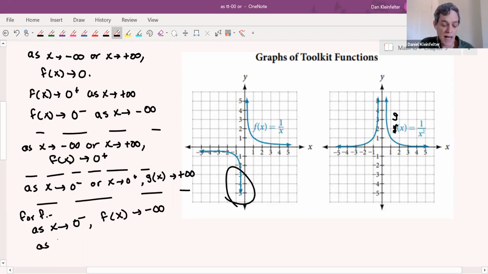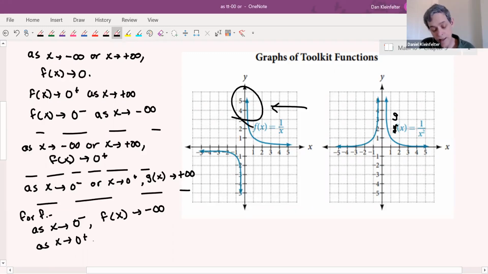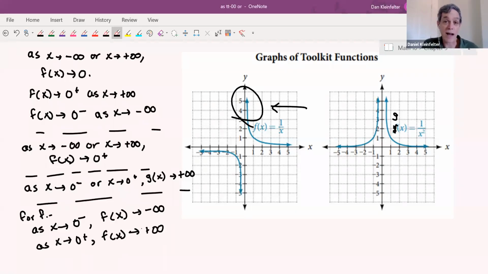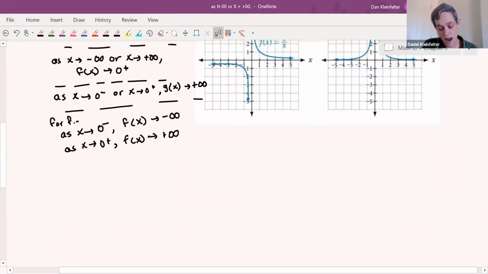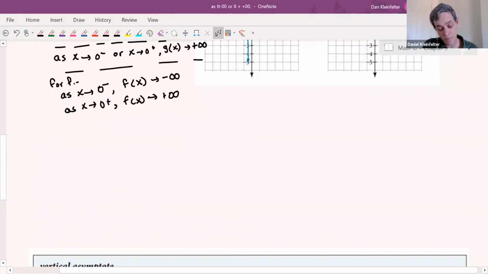Okay, as x is approaching 0 from the plus side, then our f of x's will approach positive infinity. So this arrow notation is useful and is helpful as a way of describing graphs. Like I said, we used it some to talk about the end behavior for polynomials. We'll continue to use it here for talking about important features on graphs of rational functions.